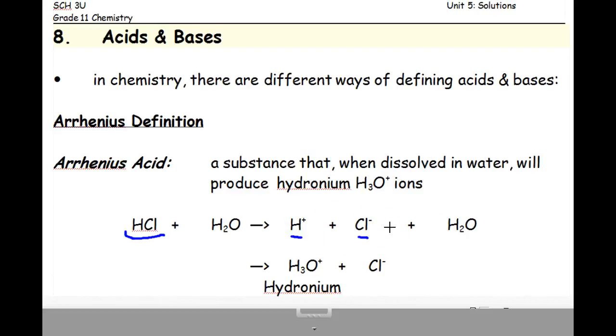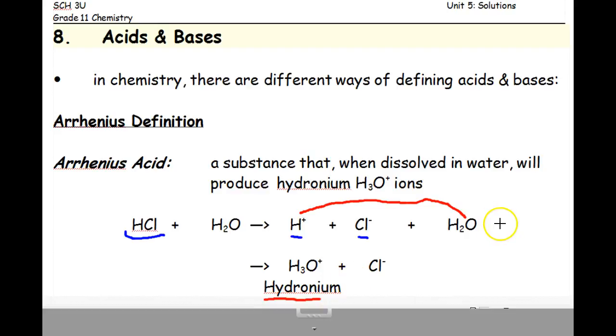Now, a more mature way of looking at this from a chemistry perspective is to look at what happens with this H+ in relation to the water. It turns out that the hydrogen ion is more stable being a part of the water molecule, and the two of them join together to form what we call a hydronium ion, right?